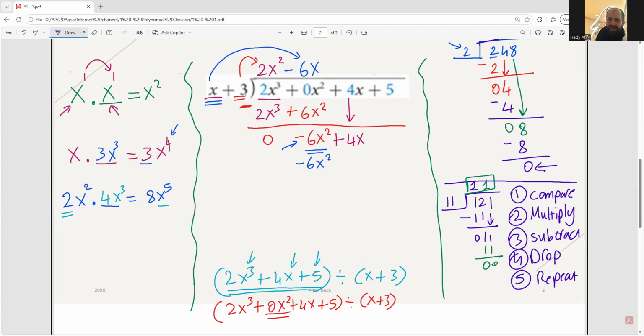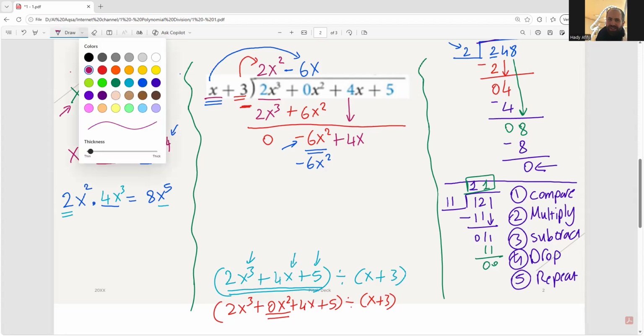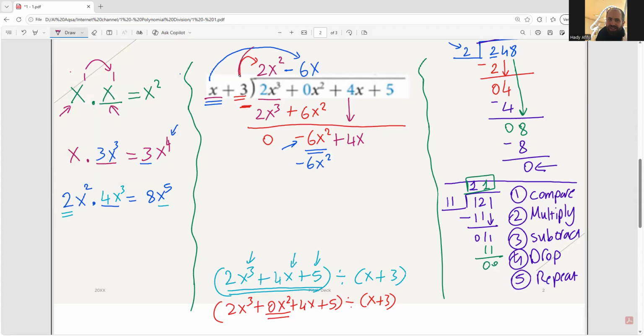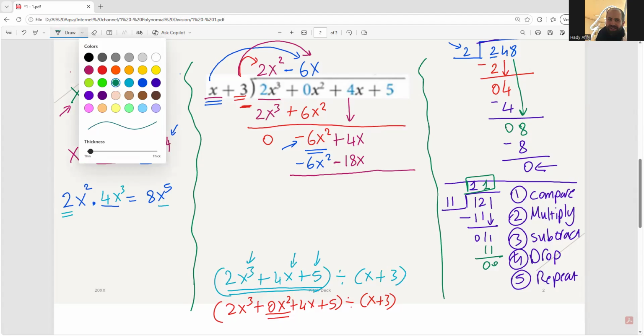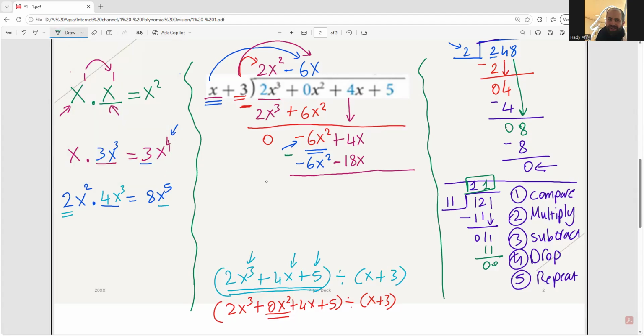Okay, but we haven't finished yet. The multiplication phase hasn't ended. I'm going to multiply 3 with negative 6x, so it will be negative 18x. And I'm done with the multiplication phase. I will start subtracting. So negative 6x squared minus negative 6x squared will cancel each other. And then 4x minus negative 18x.